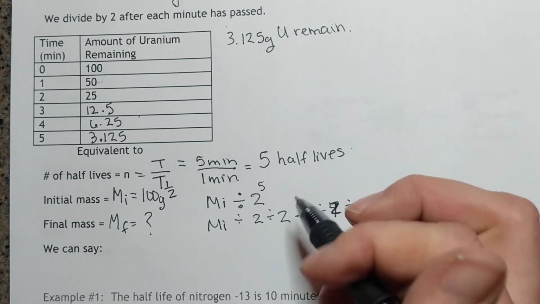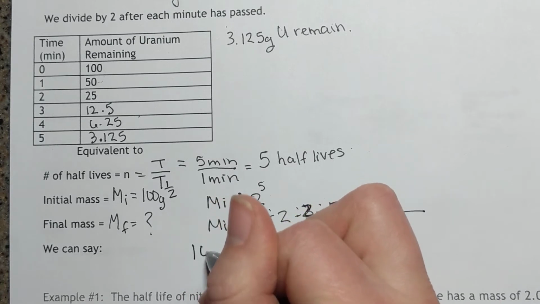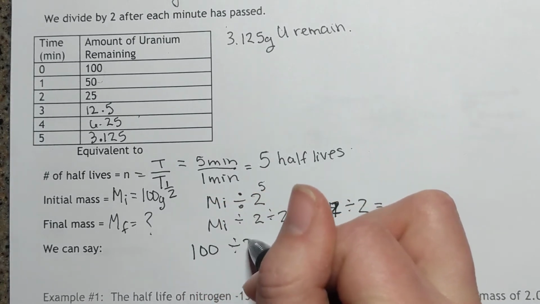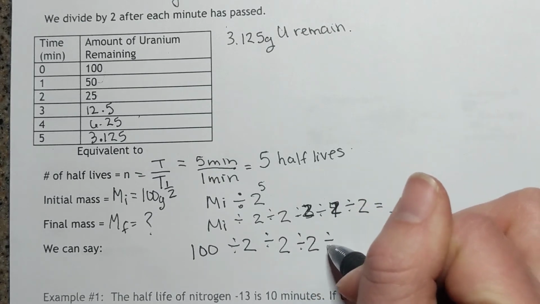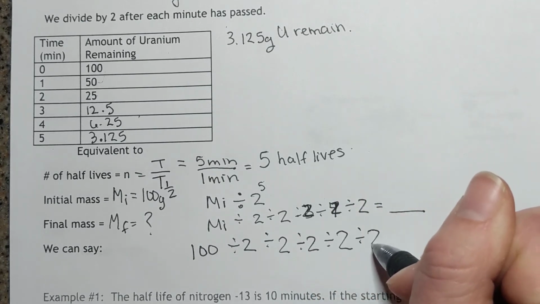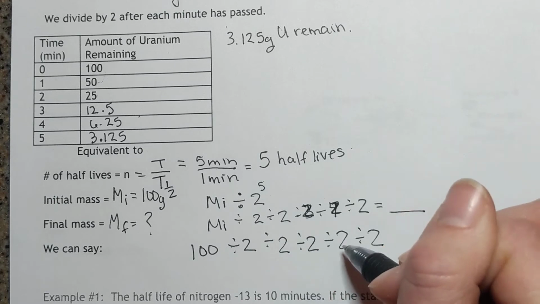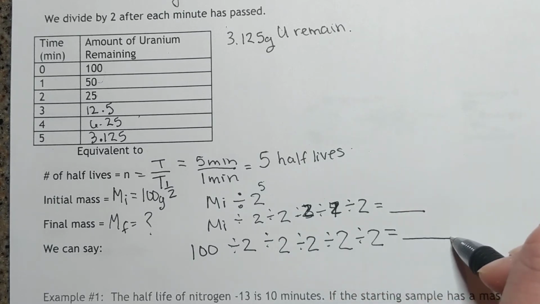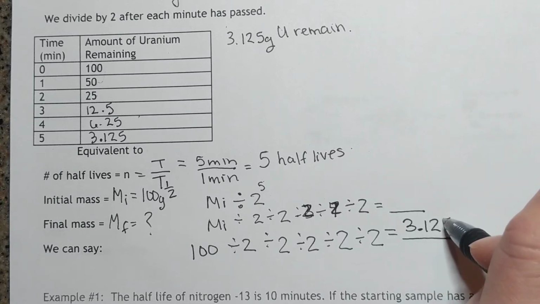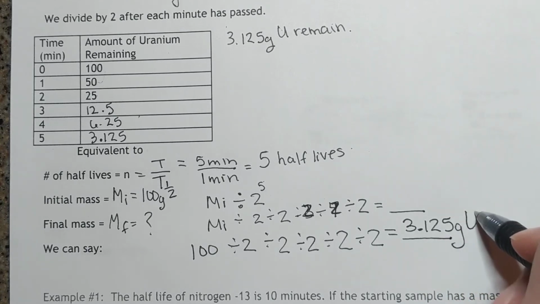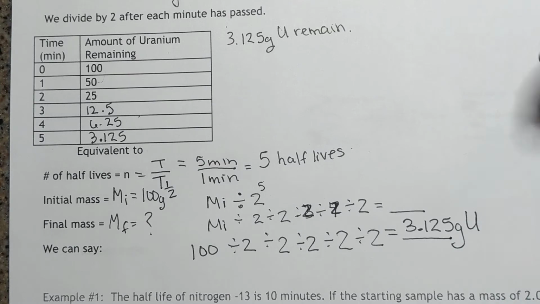So if we go ahead and do that, my original sample is 100 grams, divided by 2, divided by 2, divided by 2, five times in total. If I plug that in my calculator, I get my same answer of 3.125 grams of uranium.